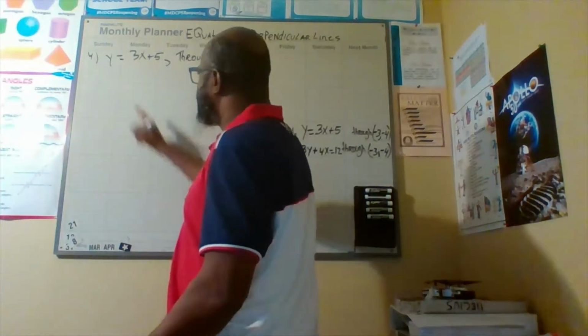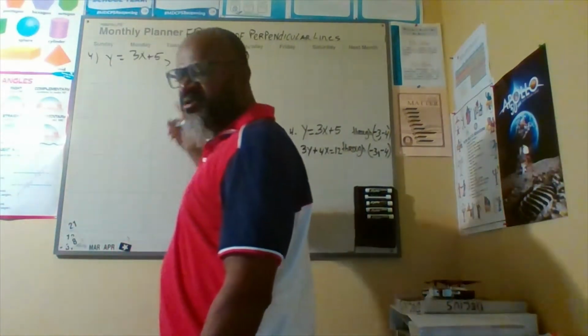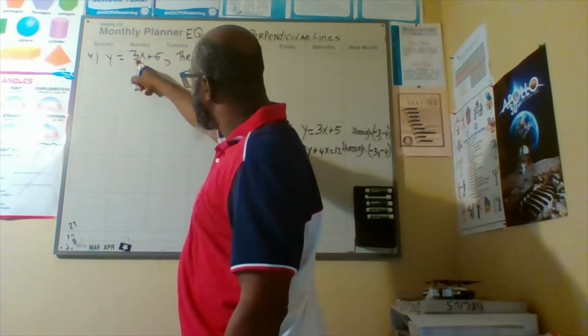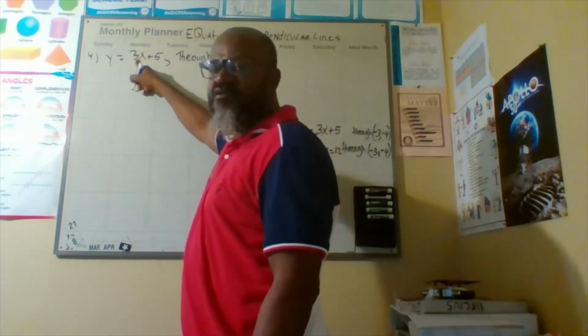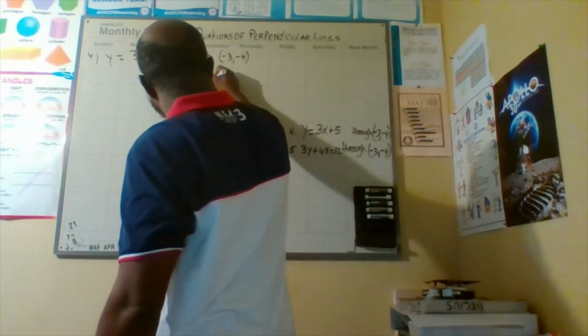Since your equation is already in y equals mx plus b, you don't need to worry about that. So you can identify the slope. The slope is the coefficient in front of the x term after you solve for y. They already solved for y for you. In this case, m1 is 3.